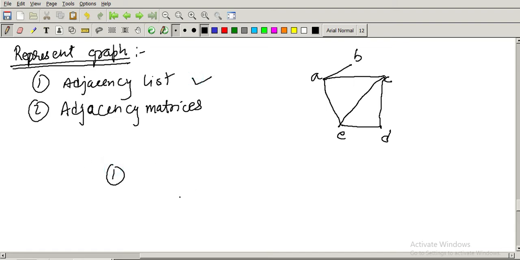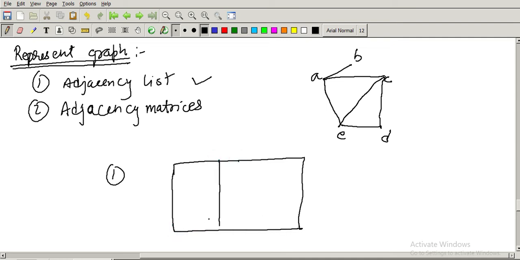What we have to do is draw an adjacency list. This is a list in which we have two columns: vertex here, then the adjacent vertex.